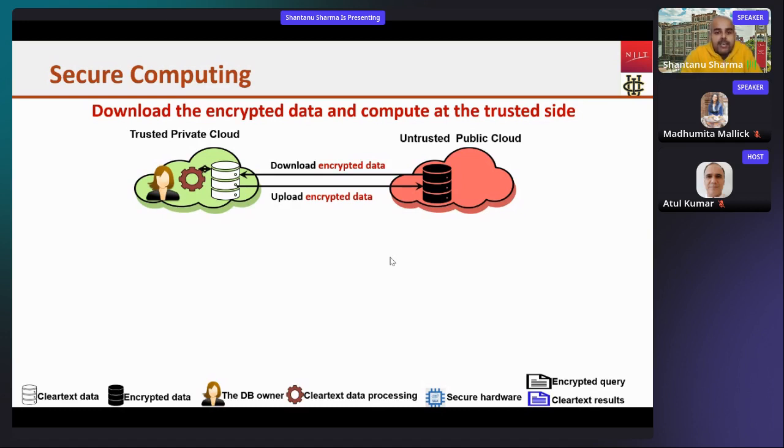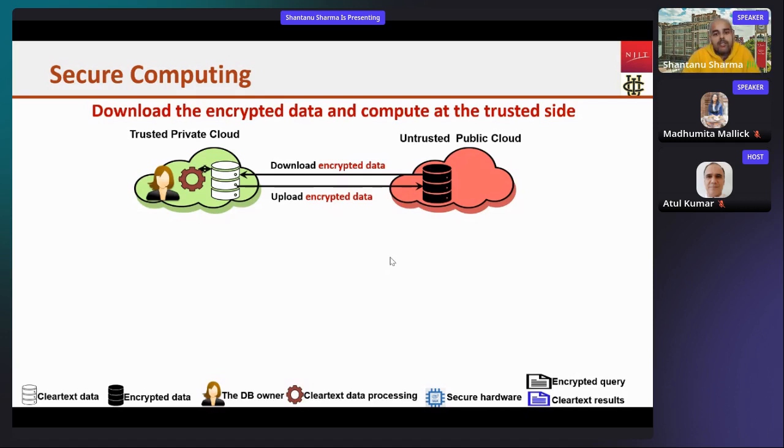Under this context, our data is completely secure. We have outsourced our data in encrypted manner, and whenever we want to execute a query, we can download the entire data, decrypt it at our local site, and execute the query. But this approach is not very good.